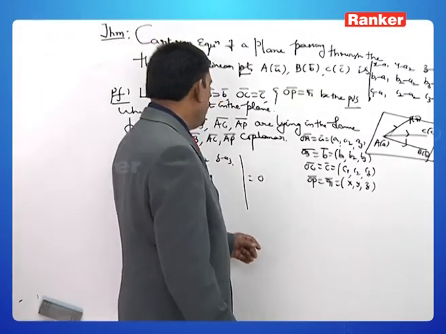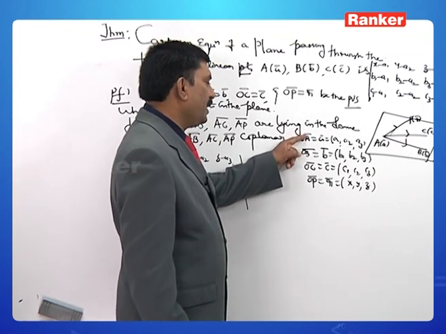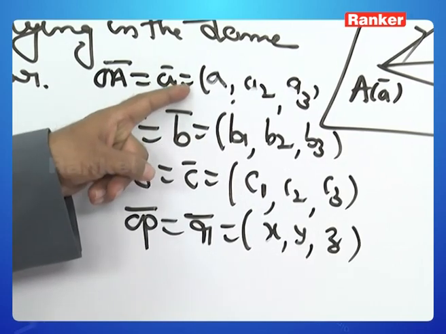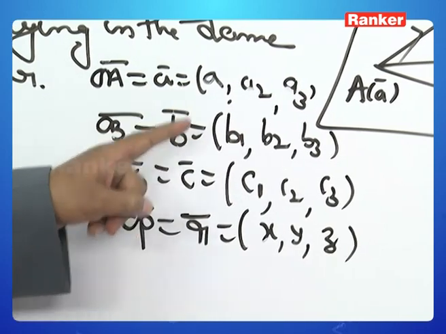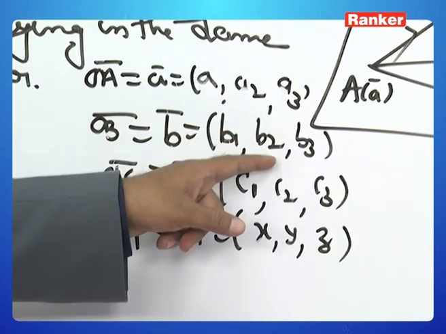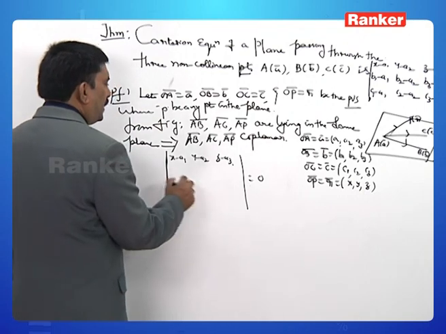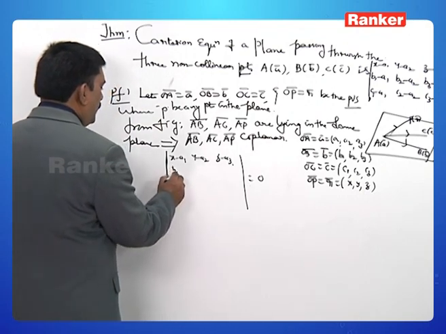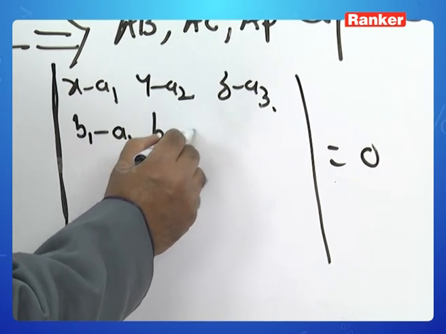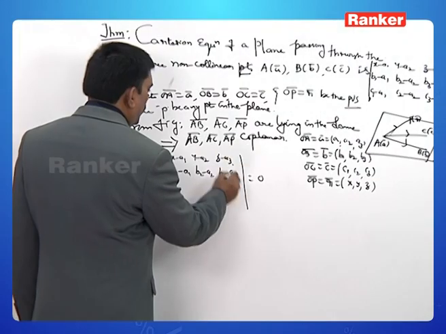Again, AB bar is OB minus OA, B bar minus A bar: (B1 minus A1) into i, plus (B2 minus A2) into j, plus (B3 minus A3) into k. Therefore, you can remove i, j, k now here. I can write B1 minus A1, B2 minus A2, B3 minus A3.